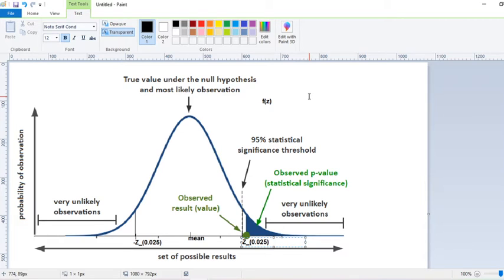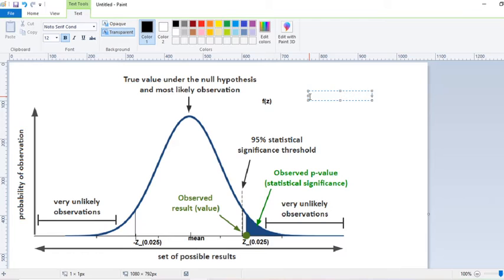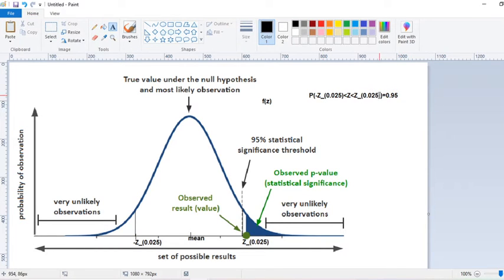From the previous semester discussion, you know the probability that minus z 0.025 is less than z less than z 0.025 is equal to 0.95, or it can be considered as a 95% confidence interval.